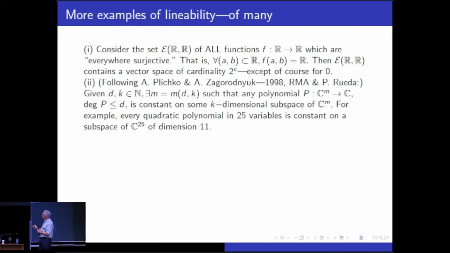And just to give you an idea, not of any particular interest, what it shows is that a quadratic, a degree 2 polynomial in 25 variables is constant on a subspace of dimension 11.